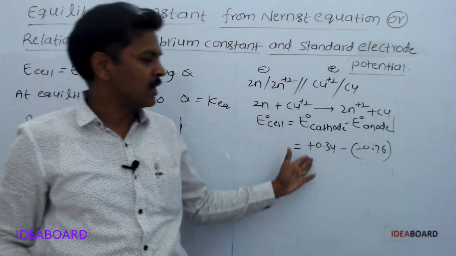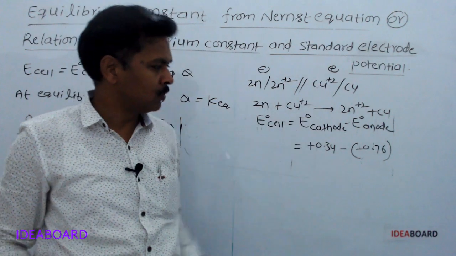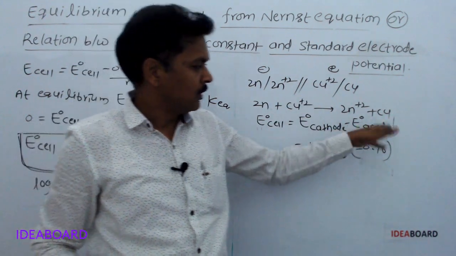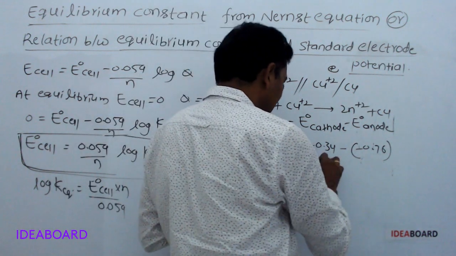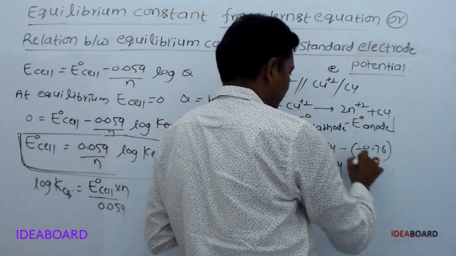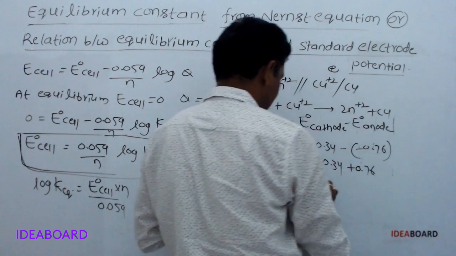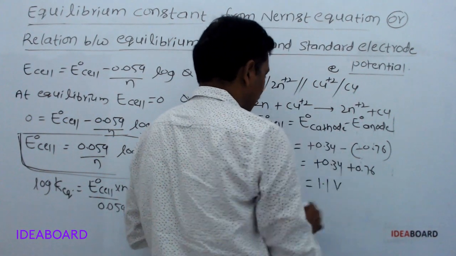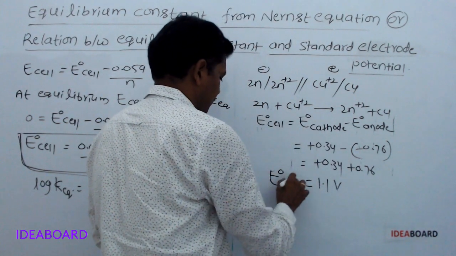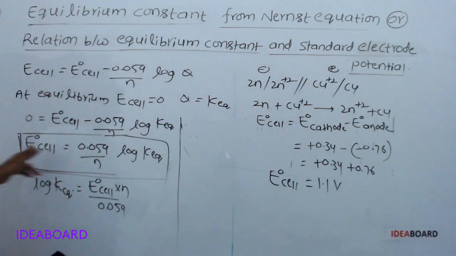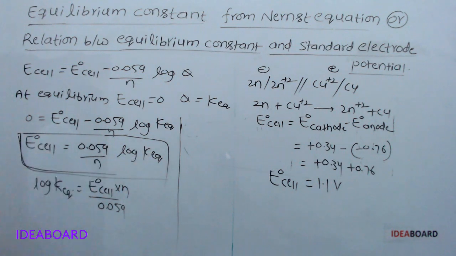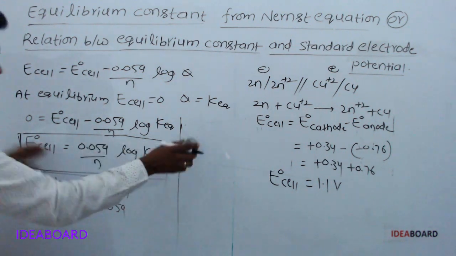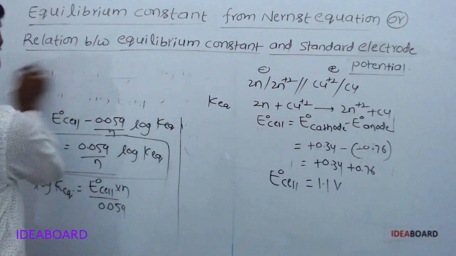Copper electrode standard electrode potential is plus 0.34 volts minus zinc electrode standard electrode potential is minus 0.76. Then plus 0.34 plus 0.76 becomes 1.1 volts. This E naught cell is 1.1 volts. Let us calculate this equilibrium constant for the galvanic cell.